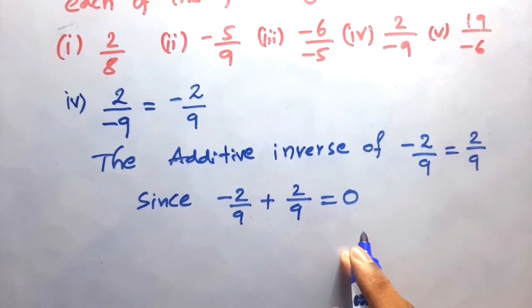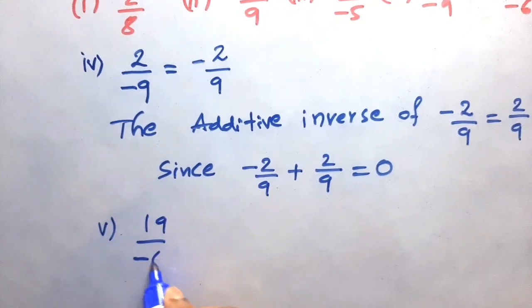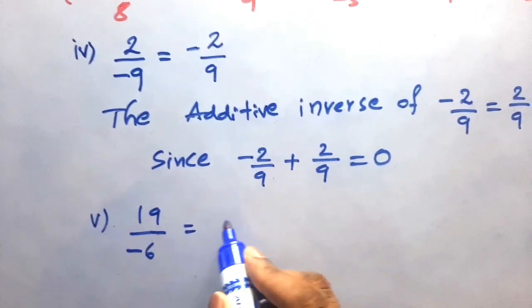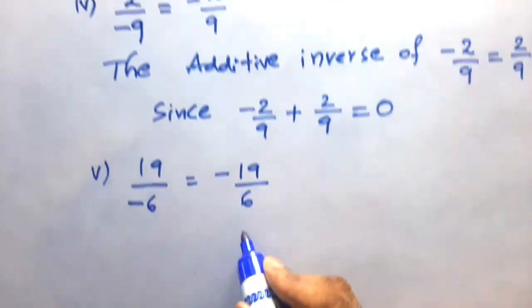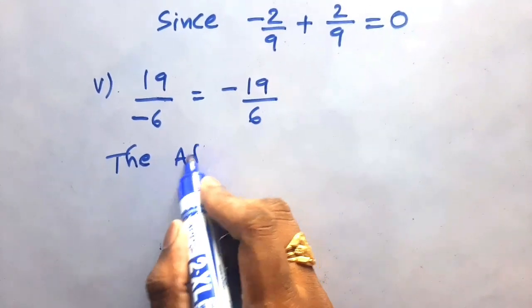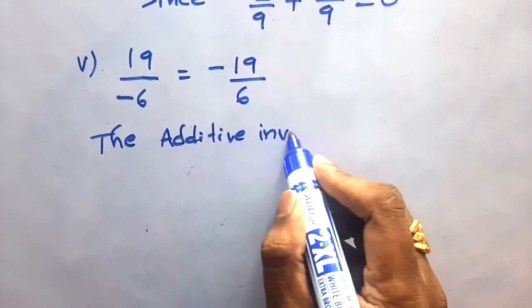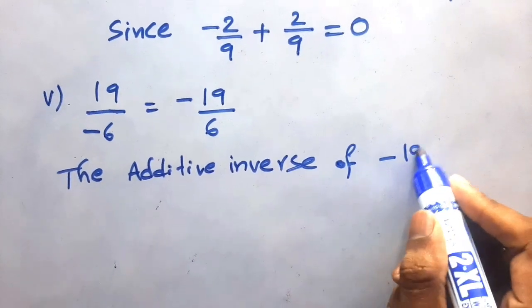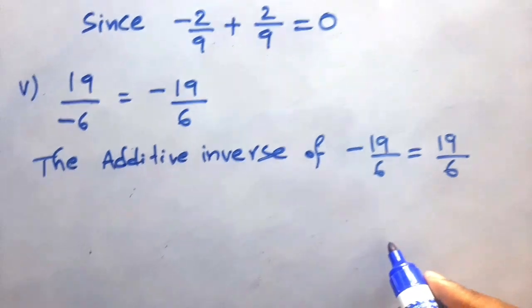Next, last one, see. 19 divided by minus 6, plus divided by minus gives minus 19 by 6. Now we can write the additive inverse of minus 19 by 6 is plus 19 by 6.